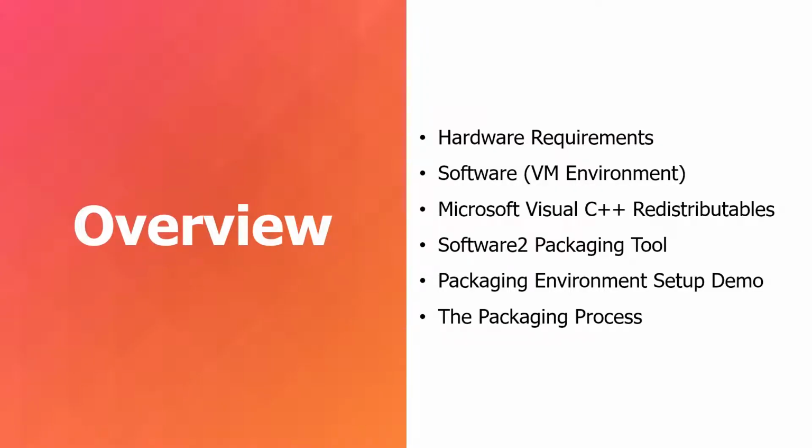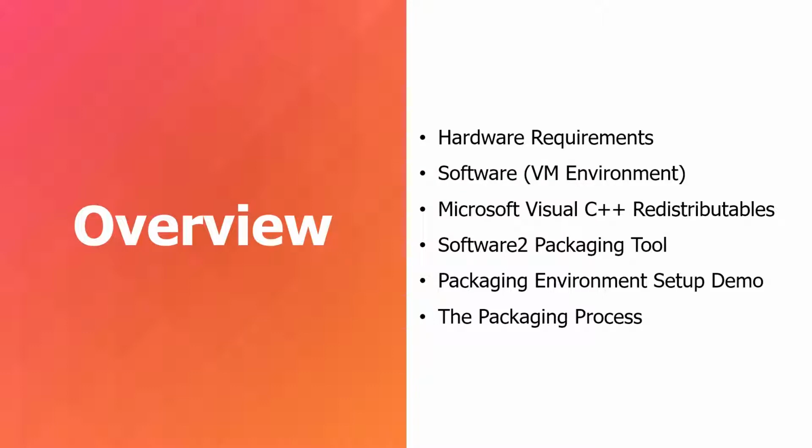Right, so the thing I'm going to be talking about, as Keegan mentioned, is the hardware requirements that we recommend for a packaging machine. That's the host machine, the physical box that you're going to run VMs on. We're going to talk about why we use VMs a little bit, and the various different VM platforms that are out there.